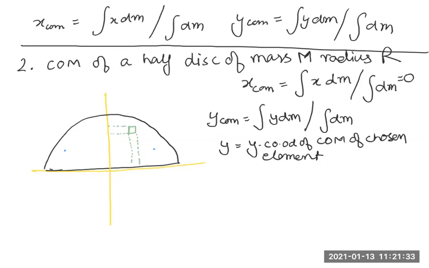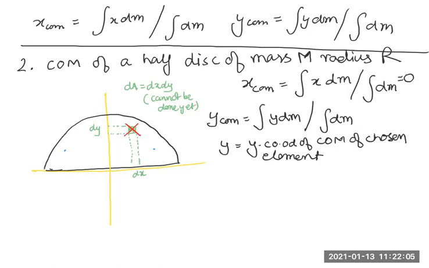So if you take this as the element, then this will become dx and this will become dy, and you will end up with something having an area which is equal to dx dy, which you cannot handle. Okay? So this cannot be done. This is not a viable choice of element.